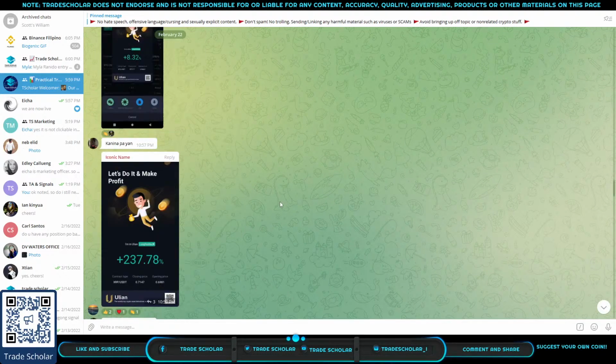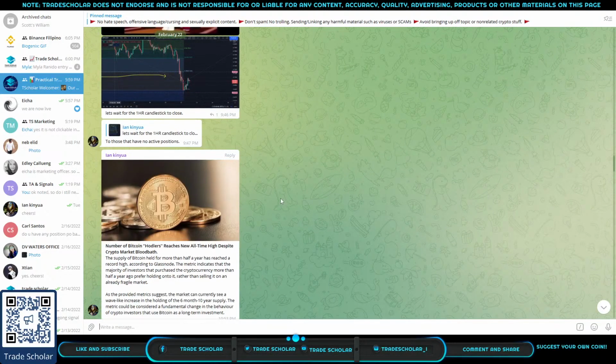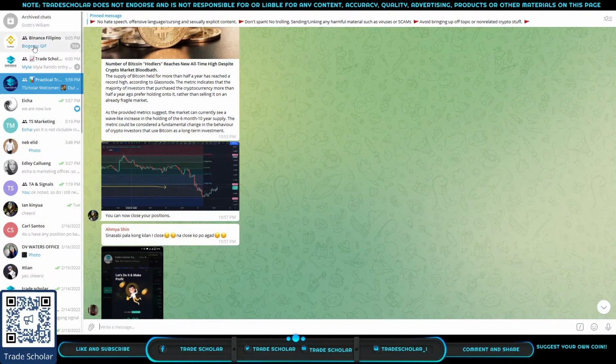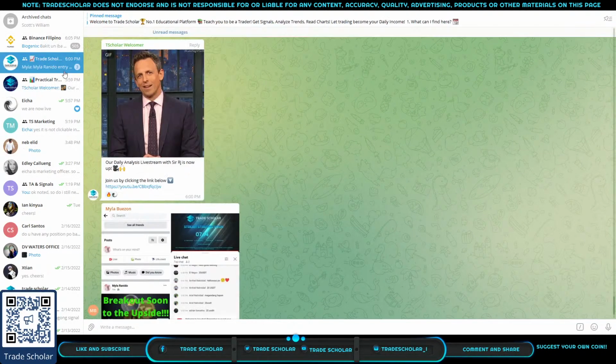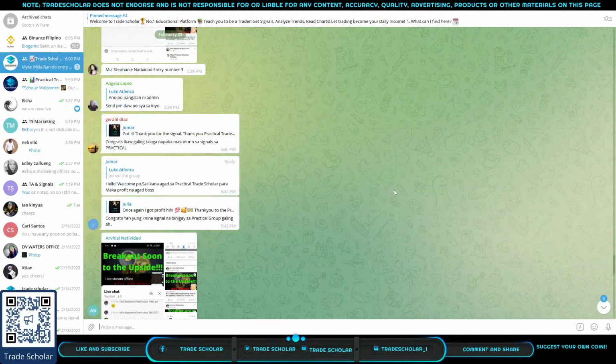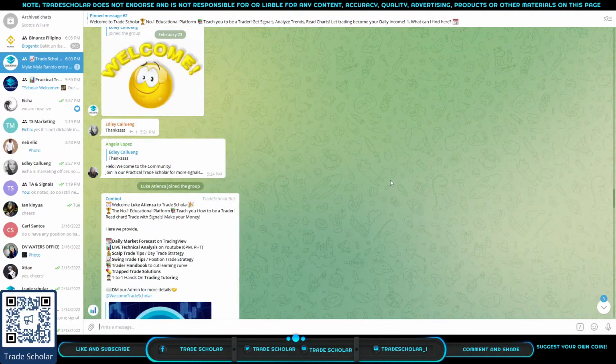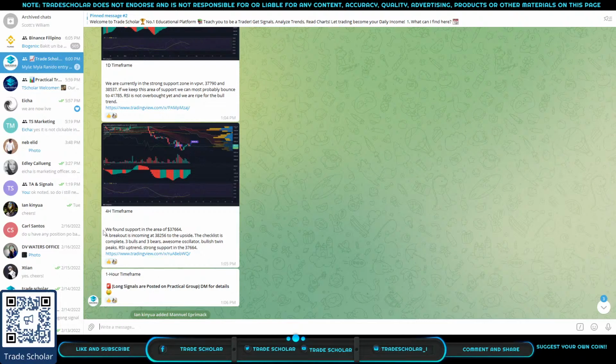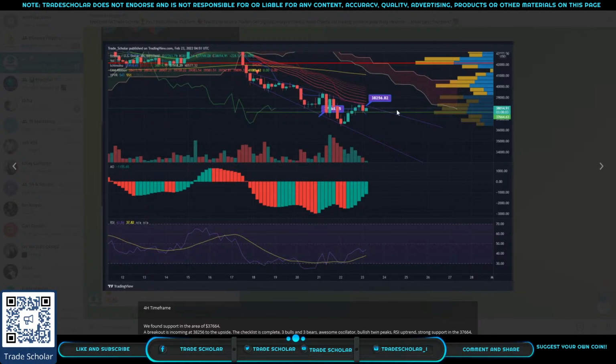The whole TA was on the 4-hour time frame. The TA is given here, and I told you the checklist is here. We found support in the area of 37664, the green line here.